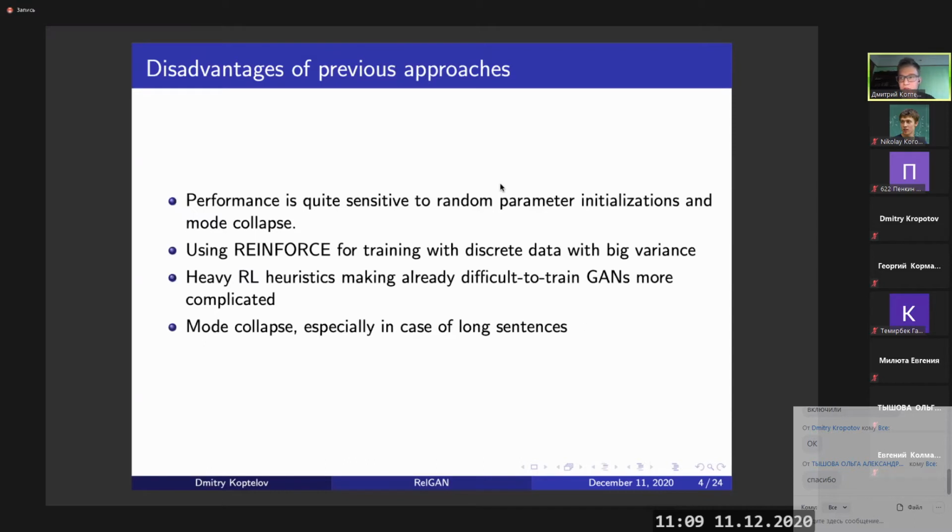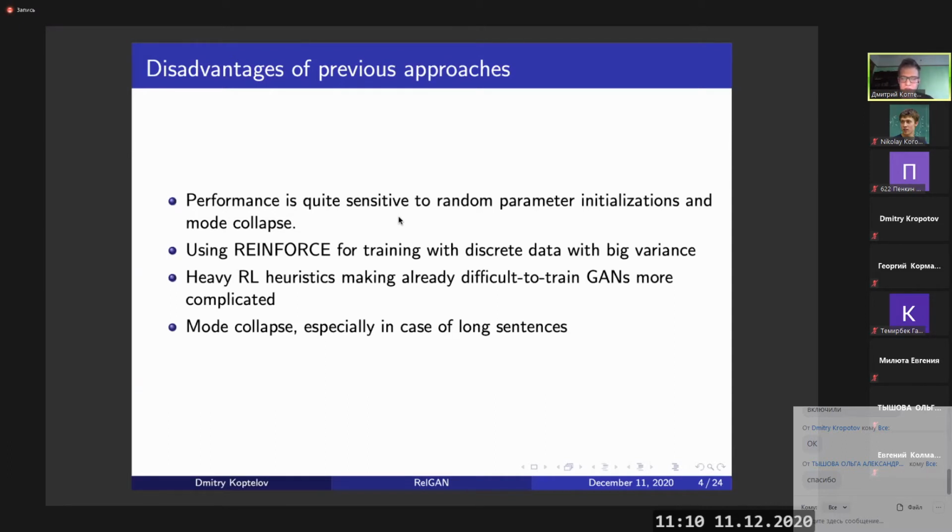Also, text is a sequence of discrete data, and we need somehow to differentiate our outputs, and previous approaches use REINFORCE for training with discrete data, with big variance. Also, with REINFORCE came different heuristics that make already difficult GANs more complicated. There is also the problem of mode collapse.